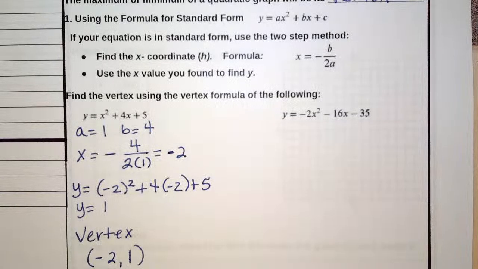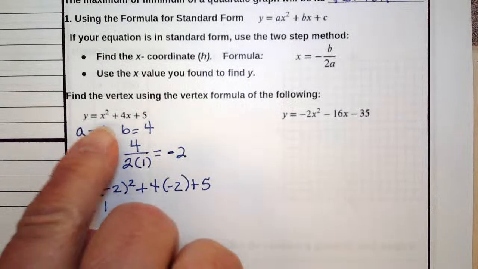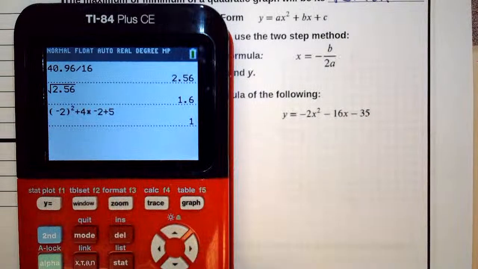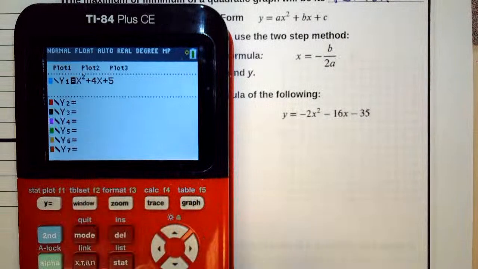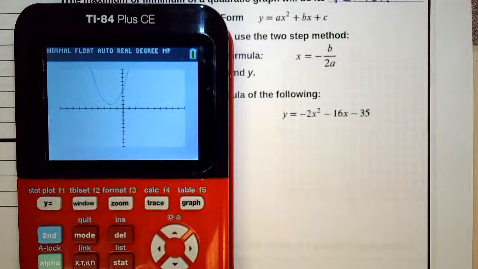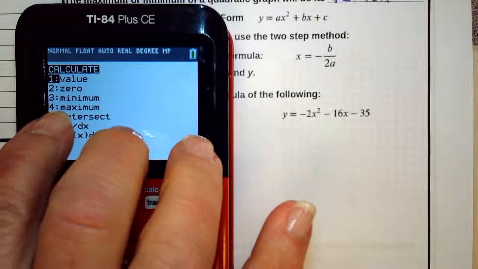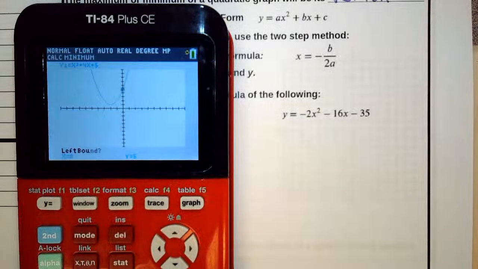You can always check it with a graphing calculator by putting that equation in and seeing where the vertex is. So I'm going to look at y equals. I've got it in there. I'm going to hit graph. You notice we have a minimum. So I do second trace, and I want the minimum, which is 3.